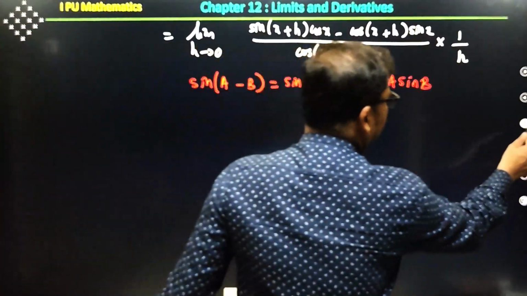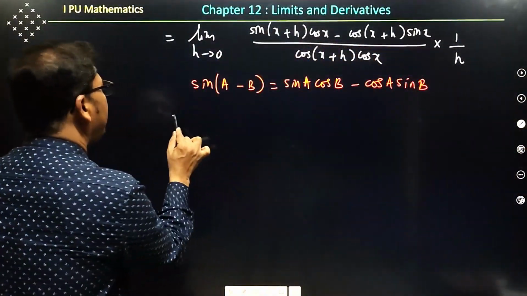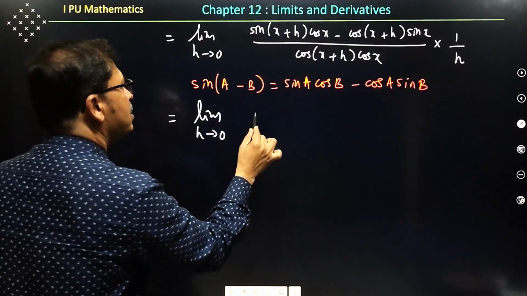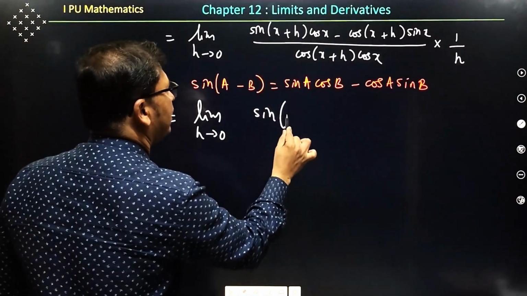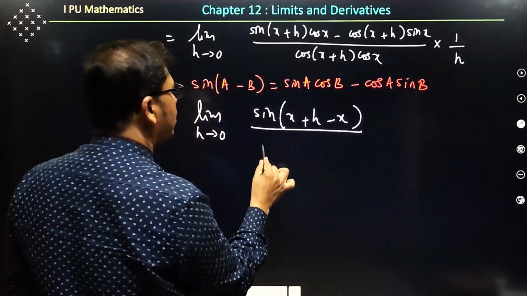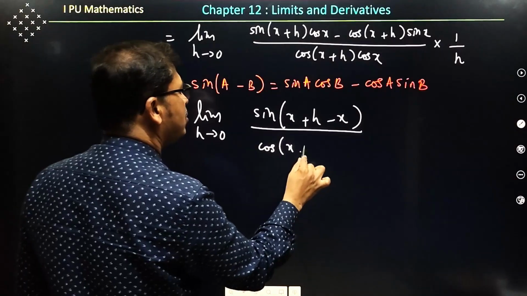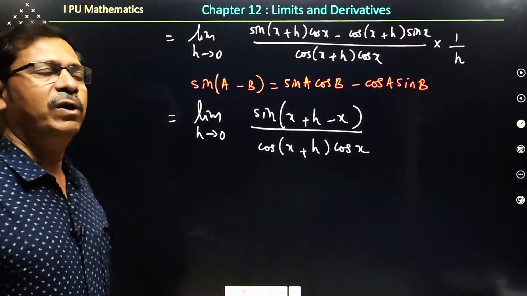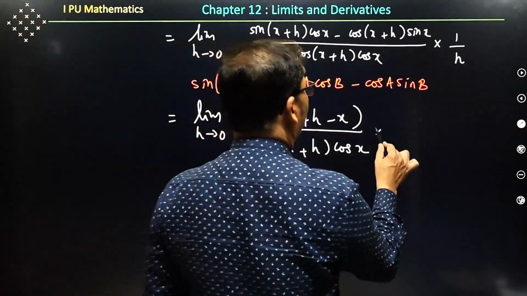So this is equal to limit h tends to 0, sin of A minus B, that is x plus h minus x, whole divided by cos of x plus h into cos x, into 1 by h.